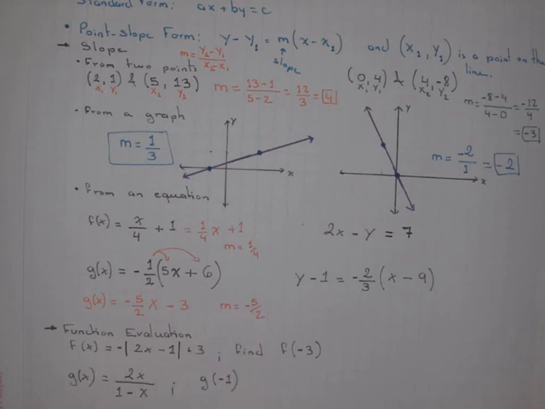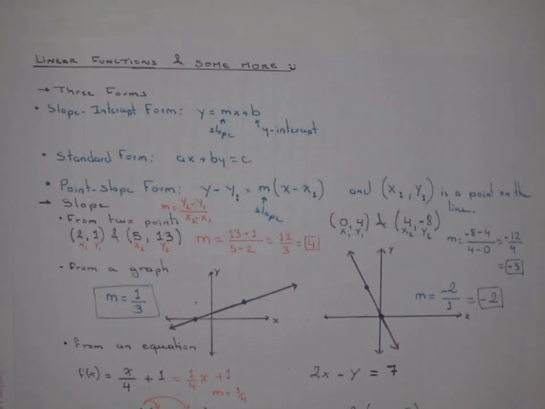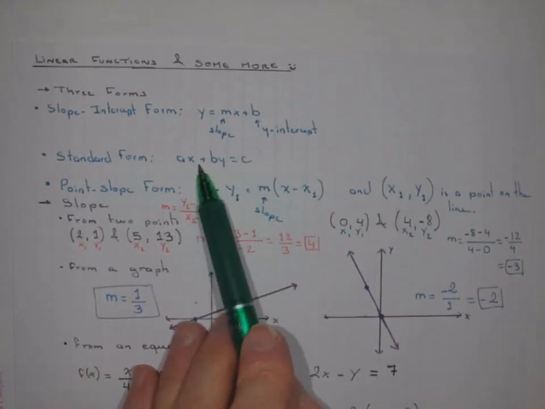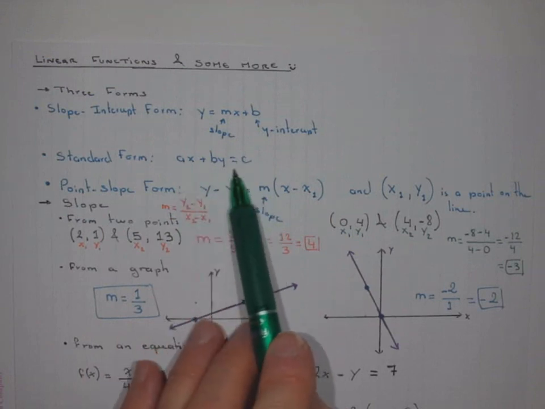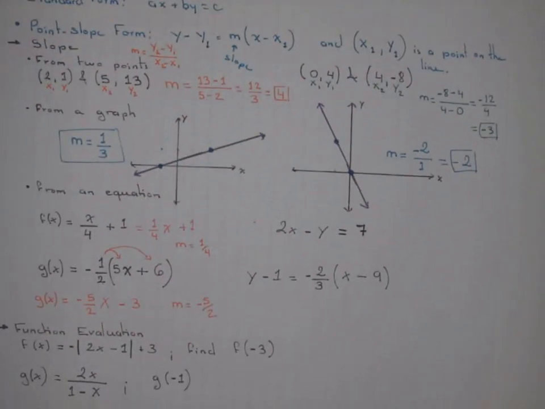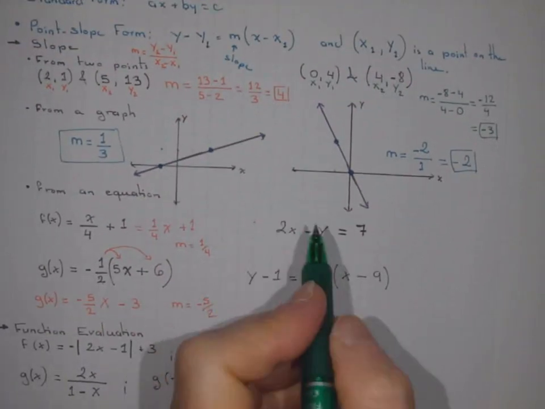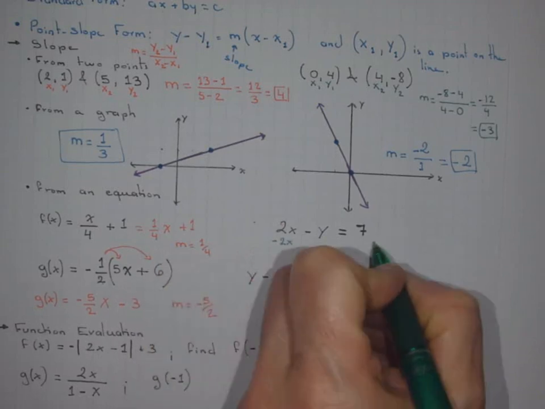All right? Now we're looking at this equation, and this equation is in standard form, right? Now remember, the standard form doesn't tell me anything about the slope, so I have to do a little work, rewrite this so it looks like this format. So I want to get my y by itself. To get y by itself, I need to subtract 2x first from both sides.